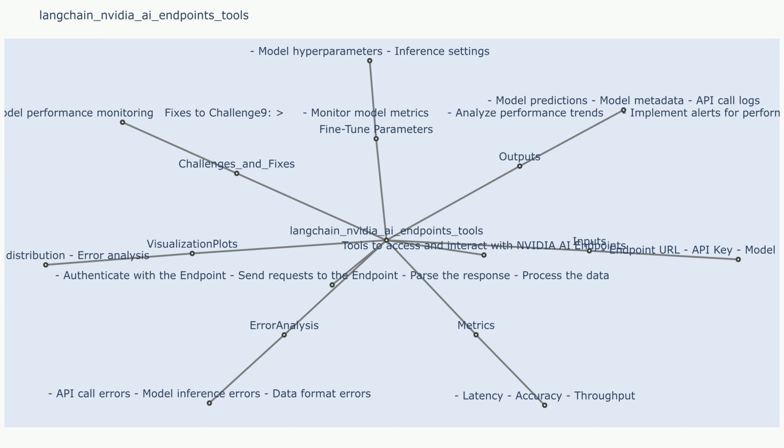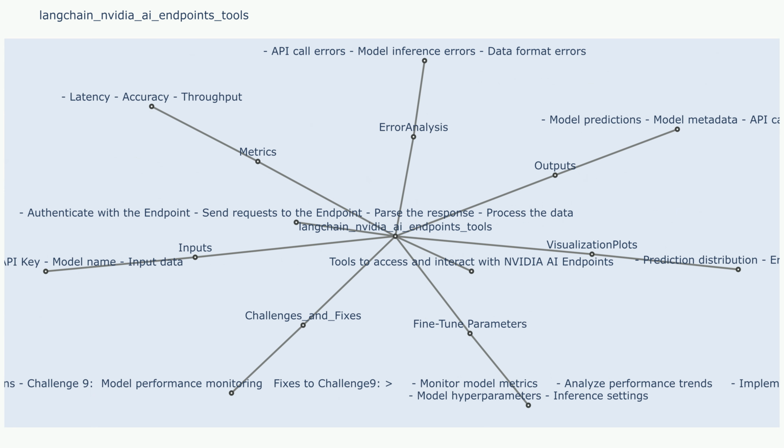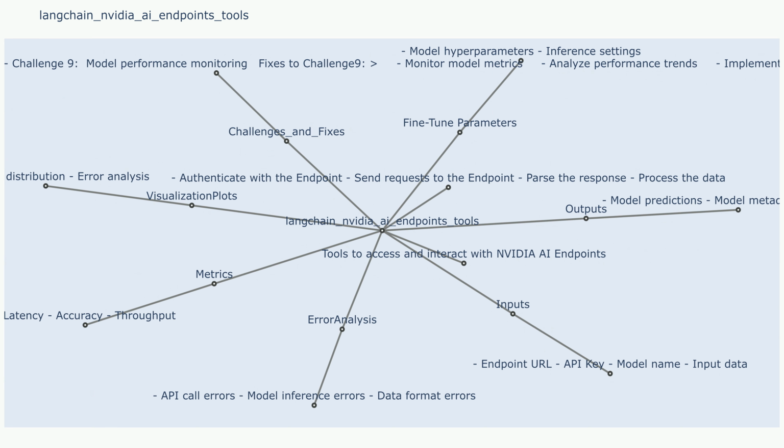Visualization plots. Model output distribution histograms or visualizations depicting the distribution of output values generated by the model. Latency distribution plots showing the distribution of latency values for different requests.